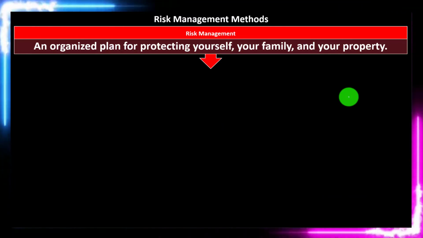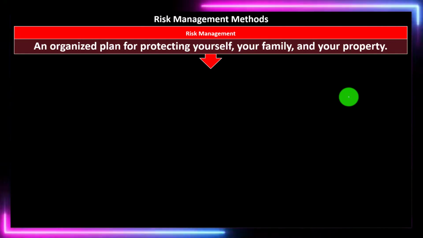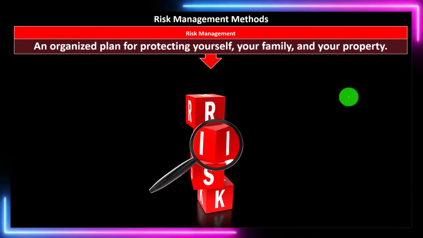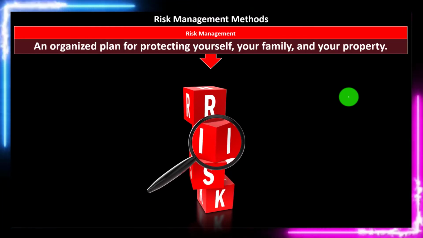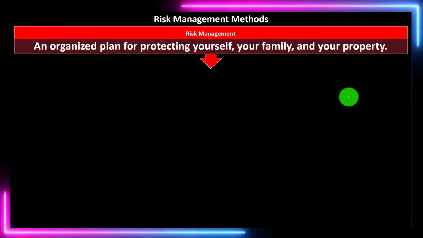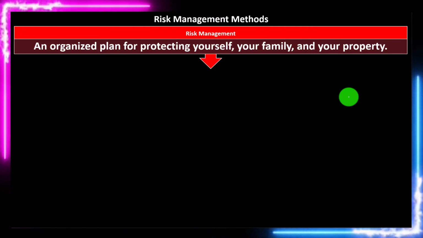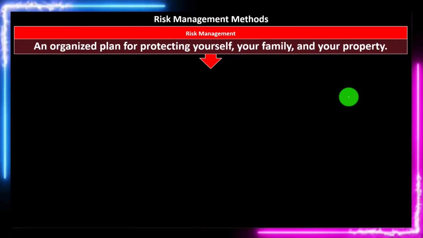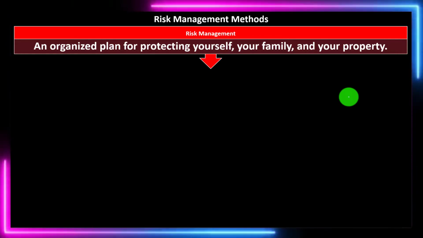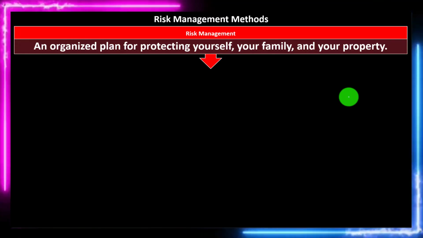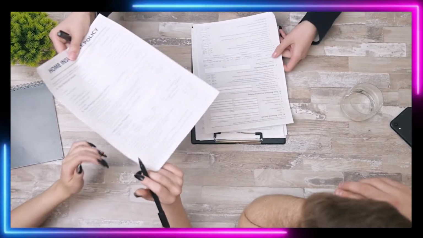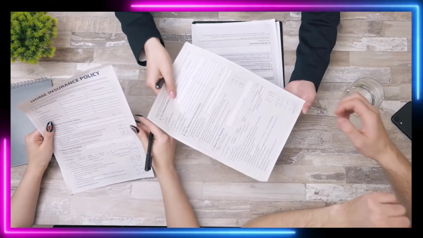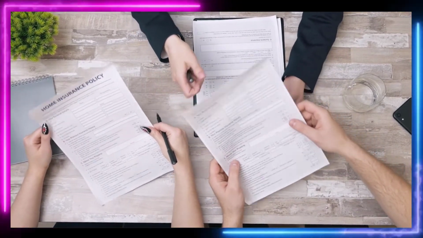No one knows exactly what is going to happen, but we would like to define risk, categorize different types of risk, look at the likelihood of the risk happening, and if it were to happen, how big of a catastrophe it might be to us, and then use our tools to mitigate the risk. One of those tools, but not the only tool, would be the insurance policies we might be looking into. So risk management is an organized plan for protecting yourself, your family, and your property.